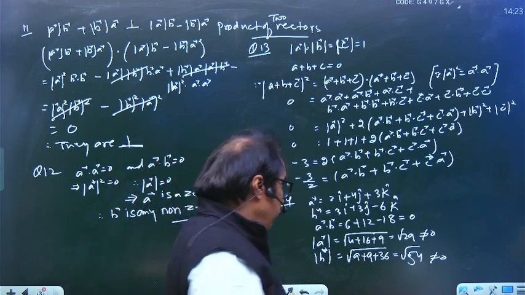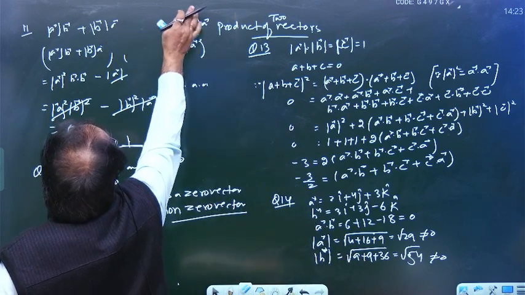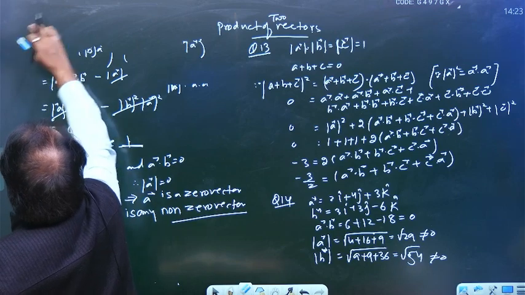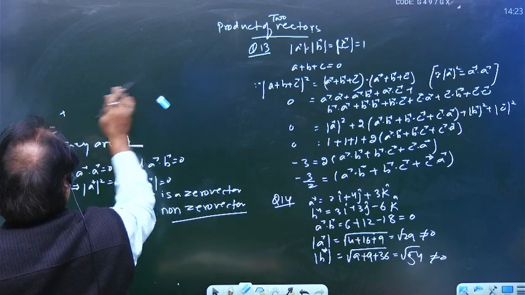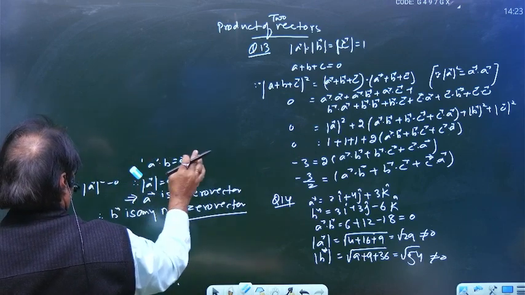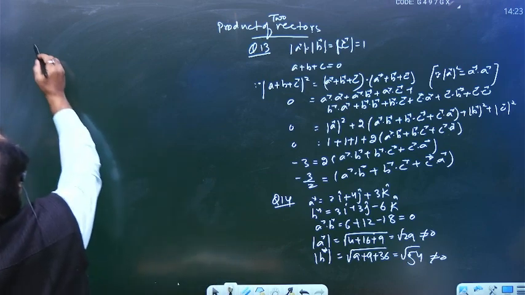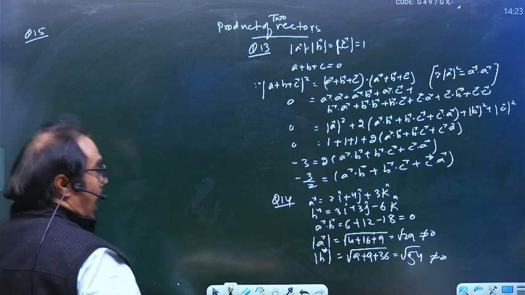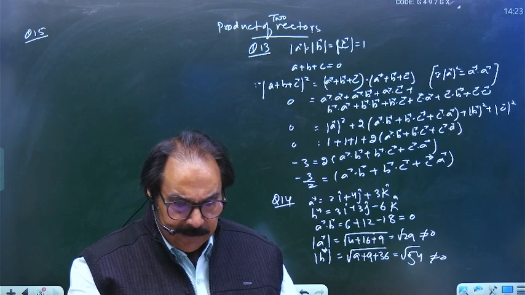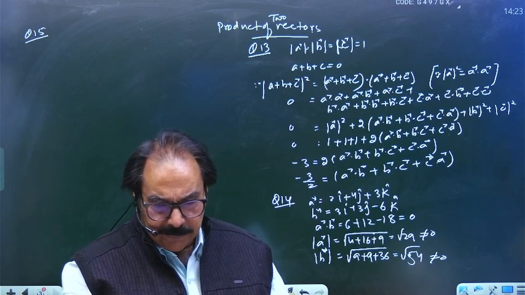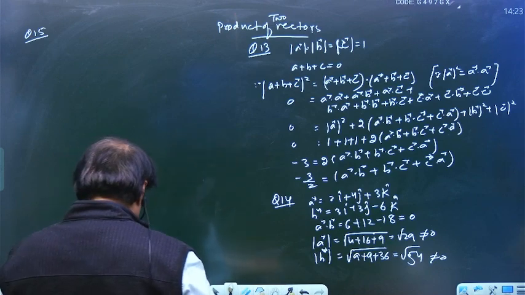Okay. Now move to question number 15. And the 15th question is: if the vertices of a triangle ABC are 1, 2, 3, minus 1, 0, 0, and 0, 1, 2, then find the angle ABC.